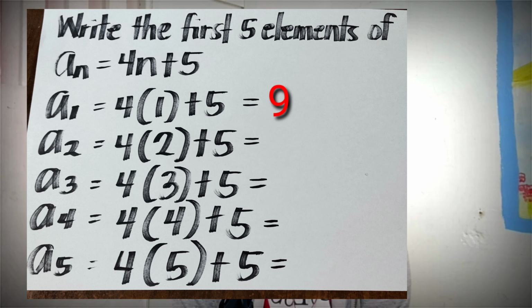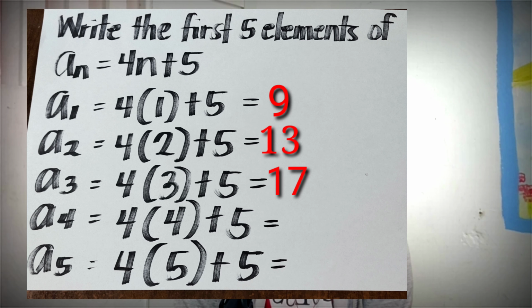Second term naman, 4 times 2 plus 5. So, what is 4 times 2? Yes, 8. Then, 8 plus 5 equals 13. Next, 4 times 3 plus 5 equals 4 times 3 equals 12 plus 5 equals 17. O, sa 4 naman.